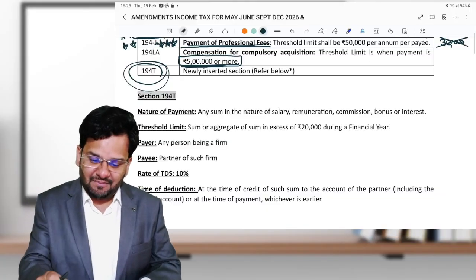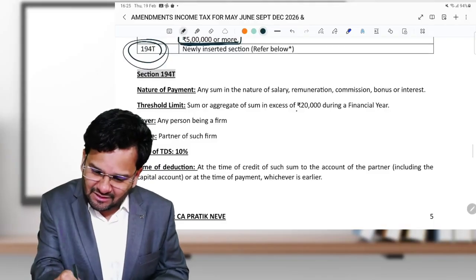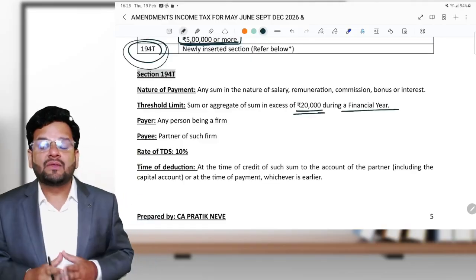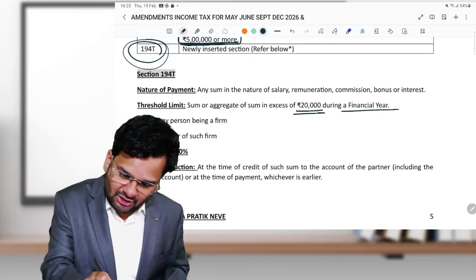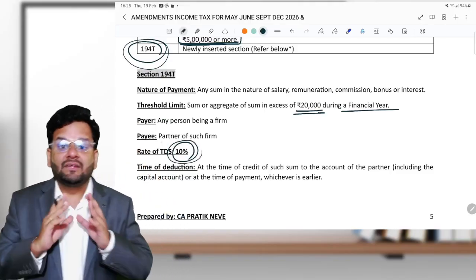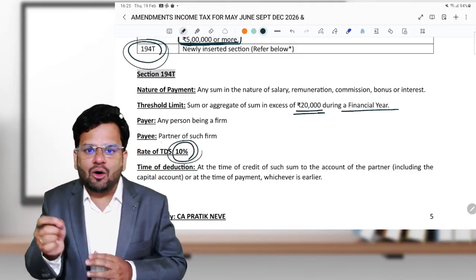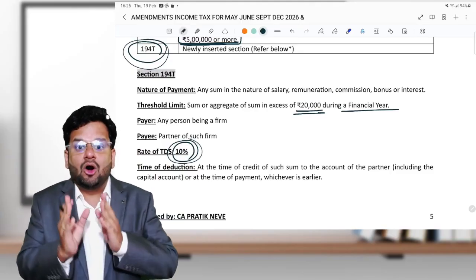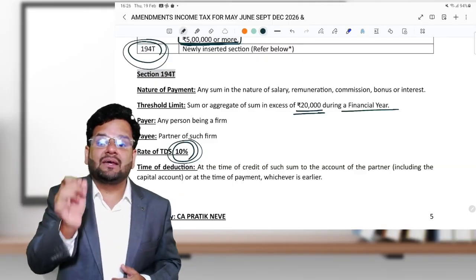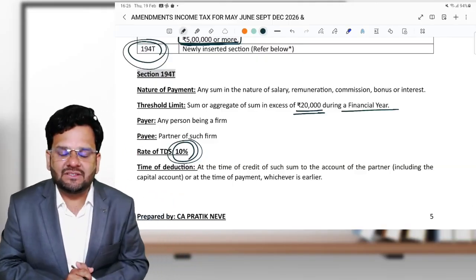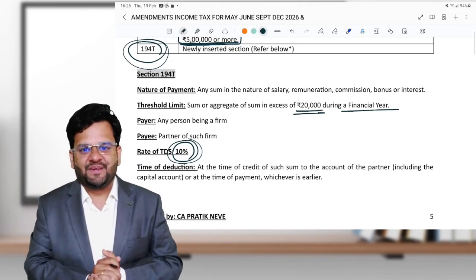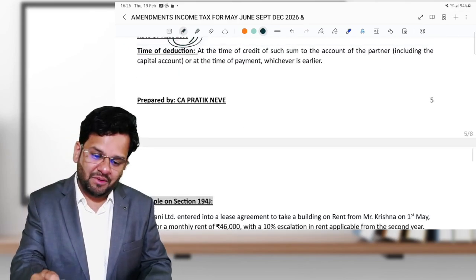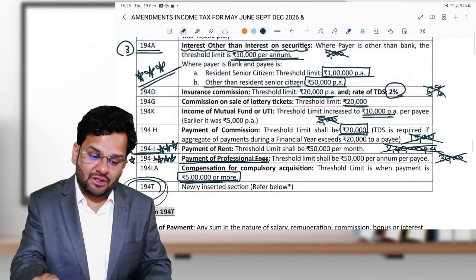Okay, at that time, if this sum is exceeding rupees 20,000 in a financial year, then this firm will do TDS at the rate of 10%. They will do this TDS at the time of credit of this amount to the account of the partner, or at the time of actually making the payment, whichever is earlier. Okay, then let's go ahead. So I hope you will remember 194T as well.